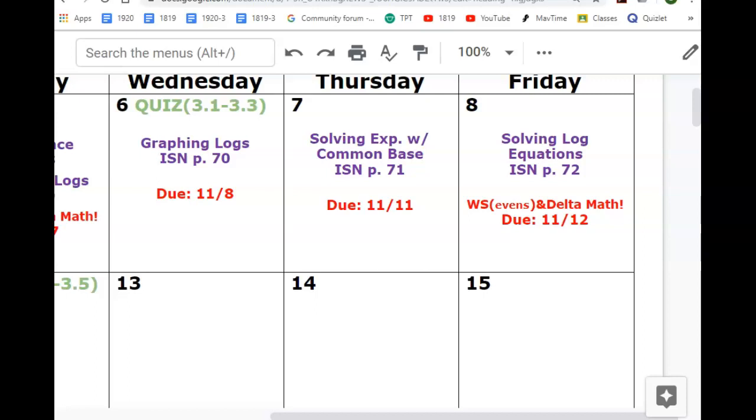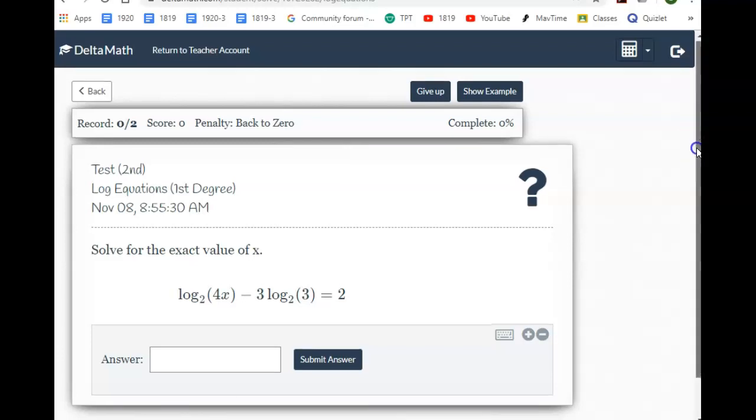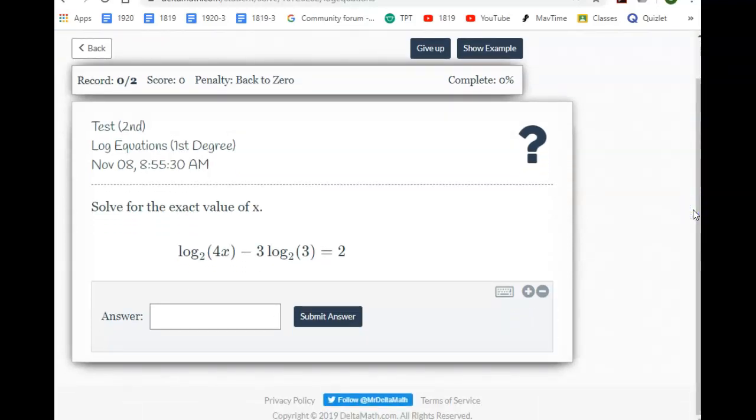I want to show you something on Delta Math real quick. I don't know that this question necessarily warrants this, but if you have to put in more than one answer, like the answer isn't just 2, it's 2 and 4. When I was working through this, because I worked through all of these before I actually assigned them, I had 2 answers to put in here, so I used the little squiggly brackets, and then it said, don't use the squiggly brackets here, use the plus and minus sign.